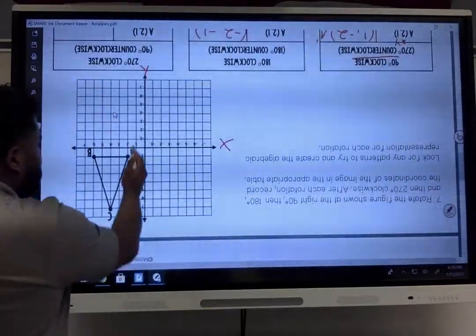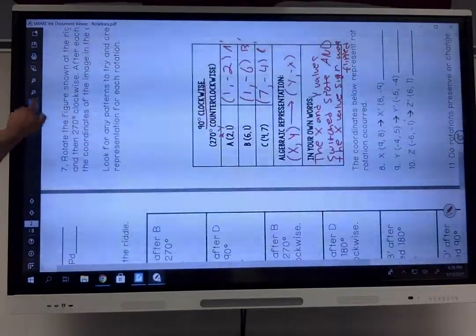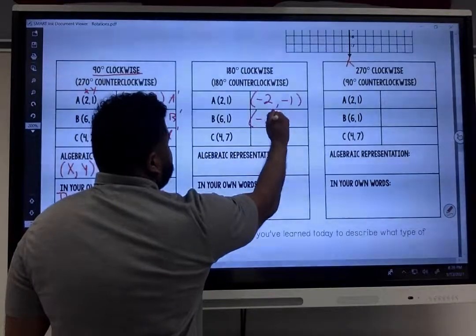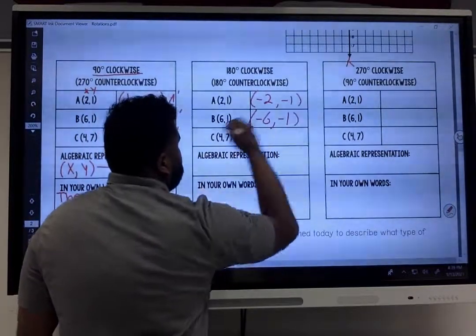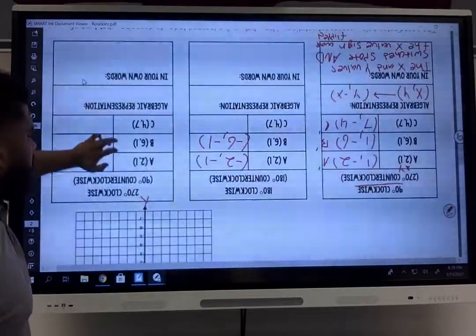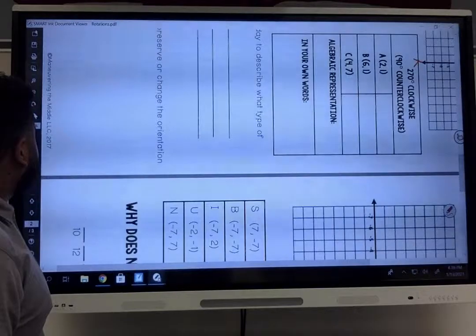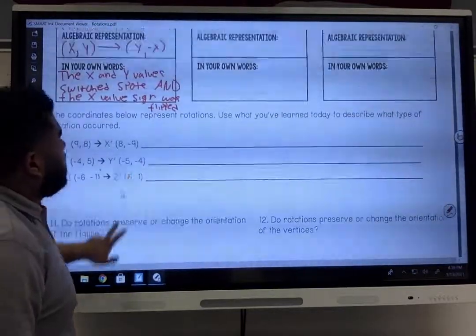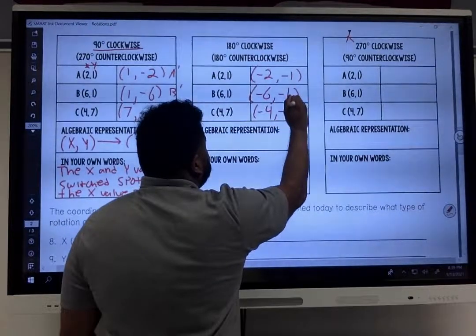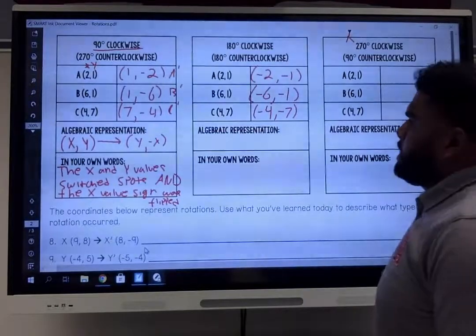B prime would be at -6 and -1. Okay. So now this is going to be at -6, -1. And then C prime is at -4, -7. Okay. -4, -7.